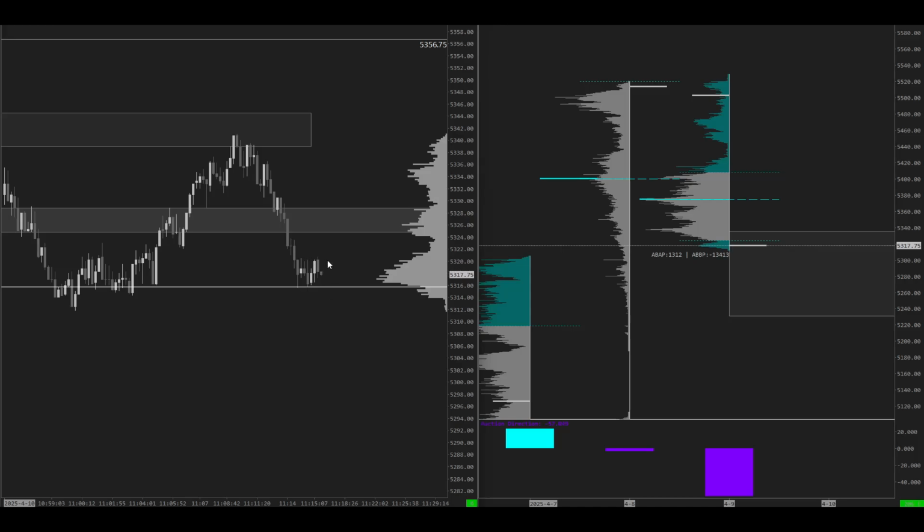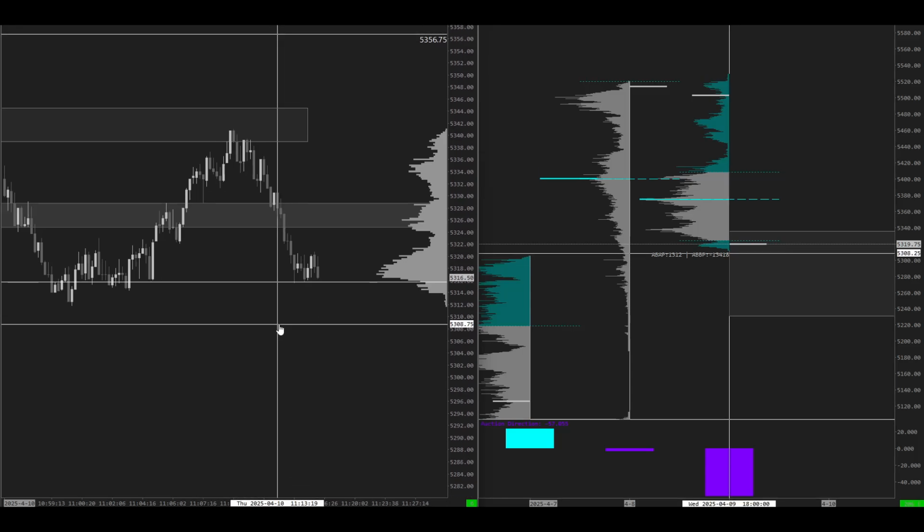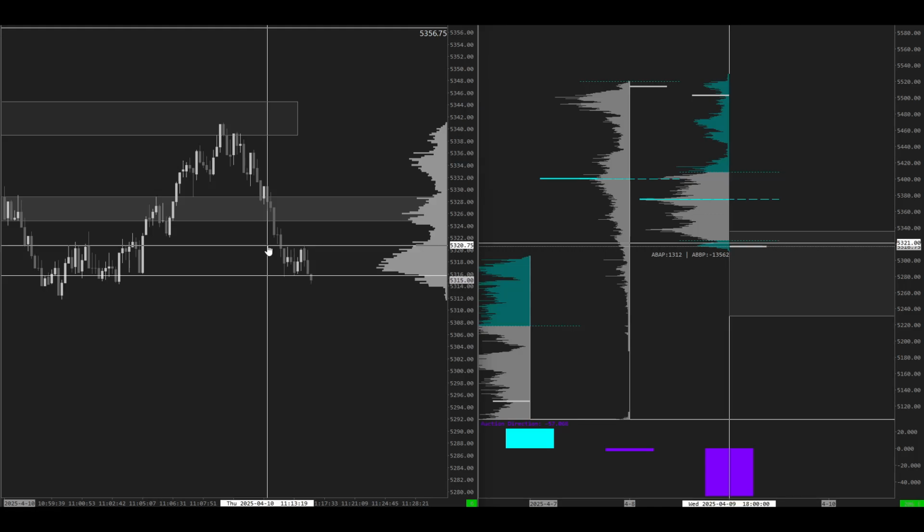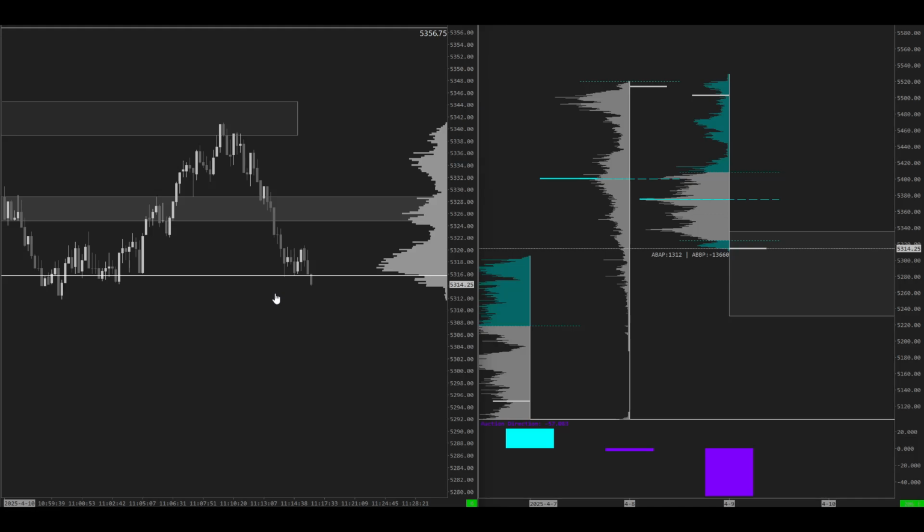They can sell it from this area, that would be nice. We could bounce back up into here, test this. We'll just have to wait and see what they do. This would be nice though, reject from this 20 area.